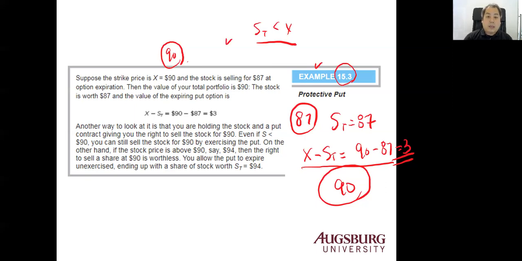On the other hand, if the expiration date stock price is 94, which is above the exercise price, then you don't need to exercise it. So you will get $94 as your portfolio value. That's how the protected put works.